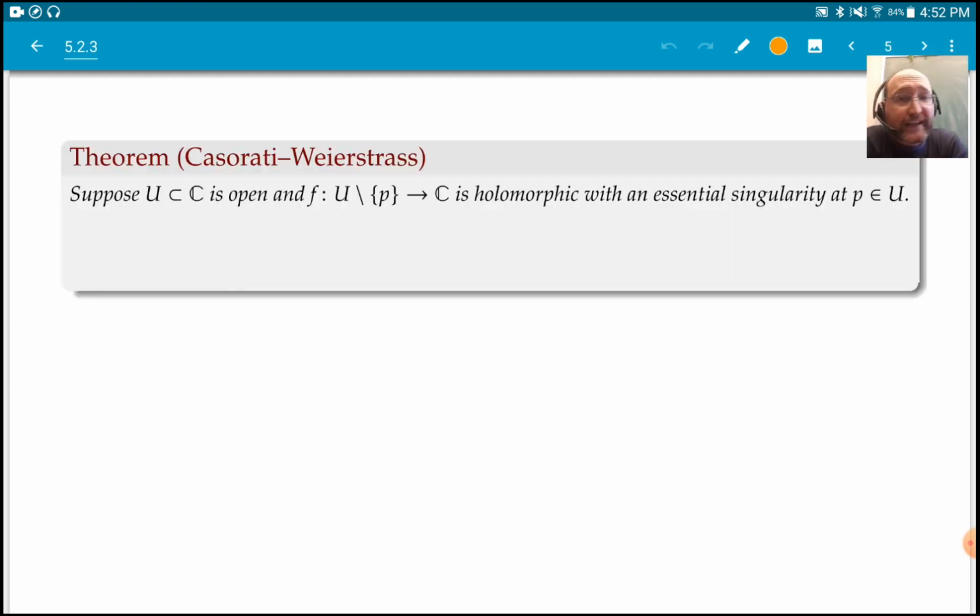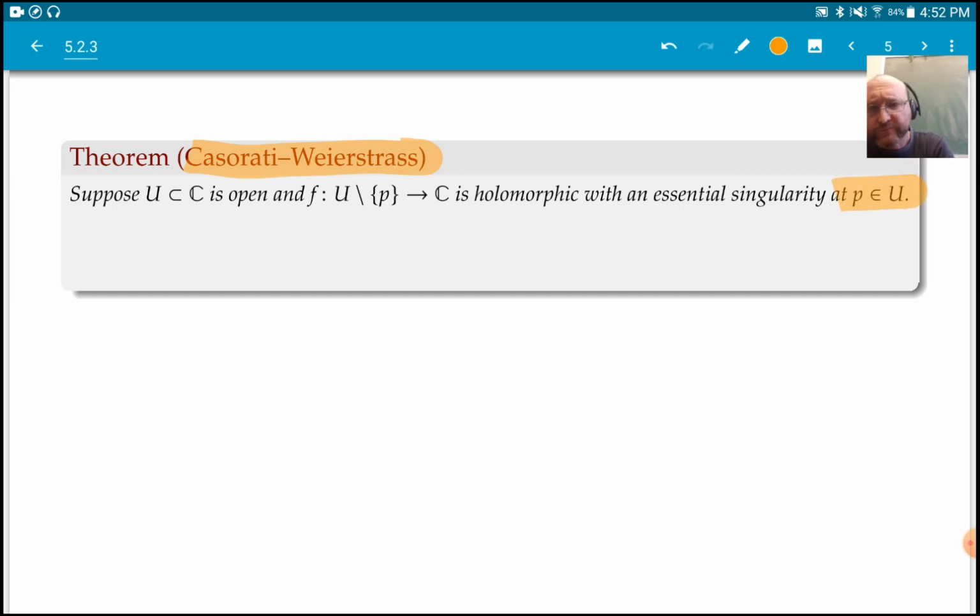All right, so this is the Casorati-Weierstrass theorem, the promised Casorati-Weierstrass. Suppose that I have a holomorphic function f, holomorphic in this punctured neighborhood U minus p, and it has an essential singularity at p.